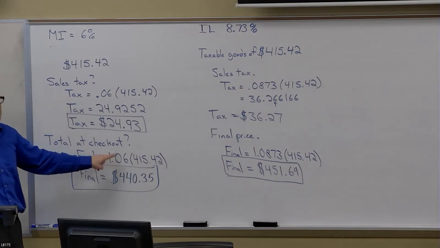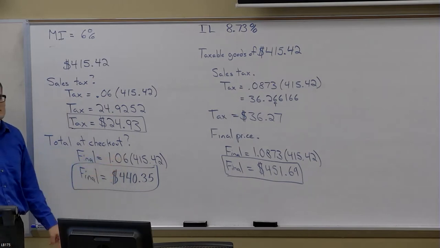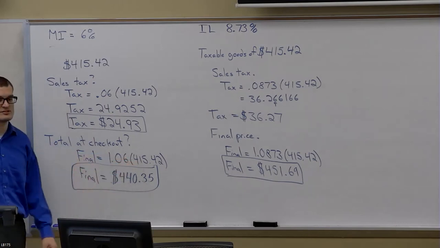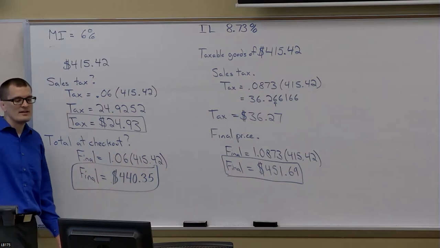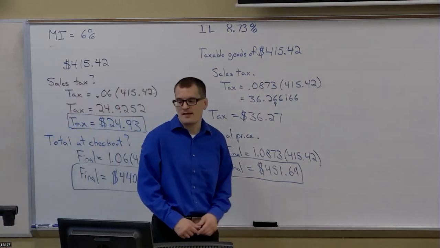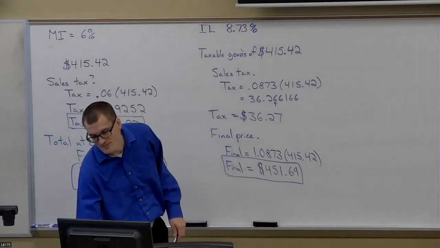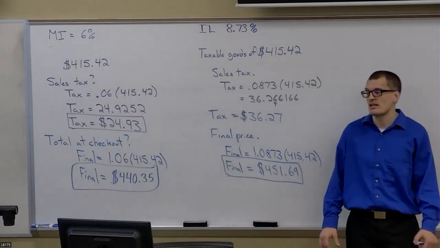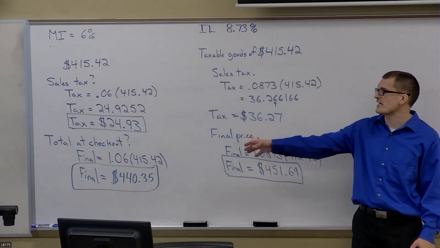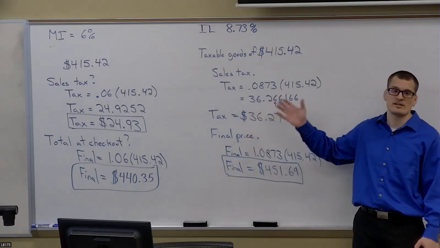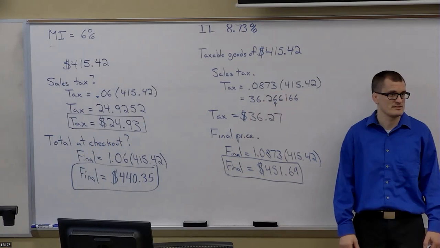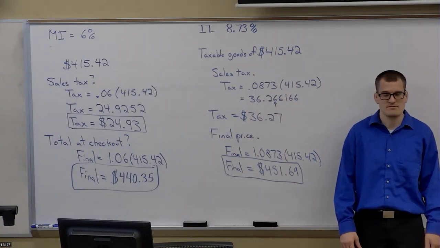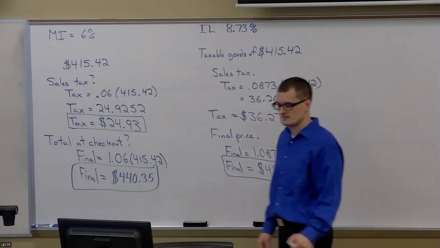Our 100 plus tax rate times the taxable good price gives us our final price at checkout. And it's pretty clear to see that if you're buying these goods, you're going to pay less in Michigan than you are in Illinois because of the sales tax rate, right? There we go.